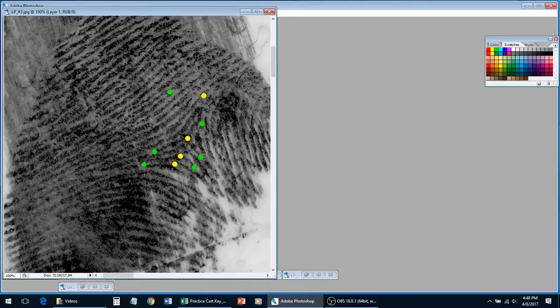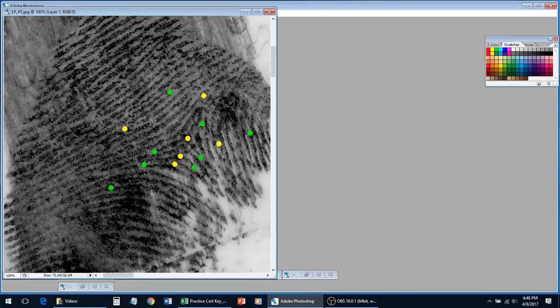This is a complex 3-dimensional shape, your finger, and the ridges are the parts that stick up the most, and the furrows are the parts that are lower. But it's not just a binary thing, a 1 or a 0. The ridge that goes up and the furrow that goes down can vary in height.